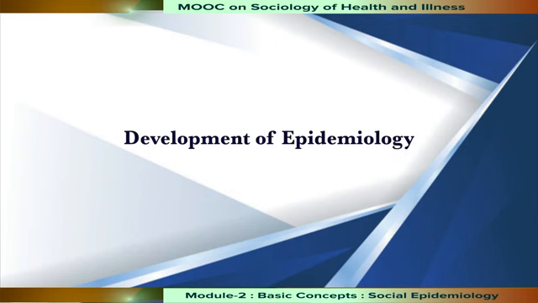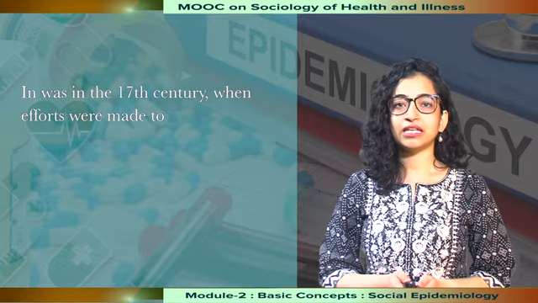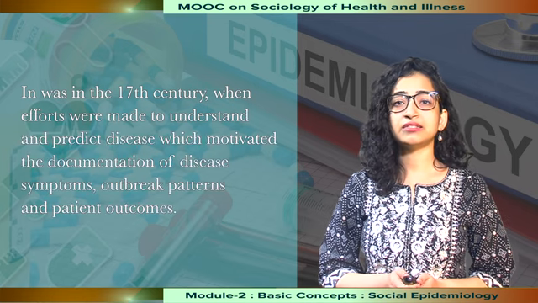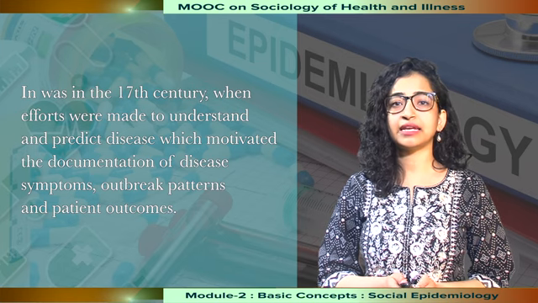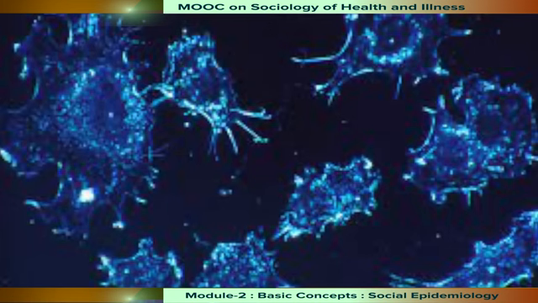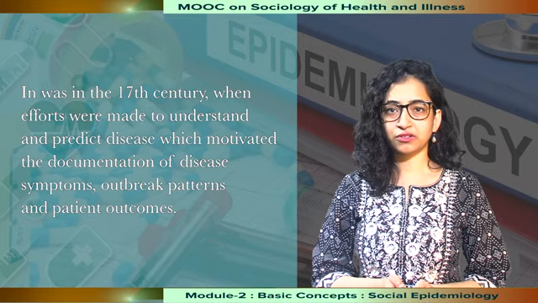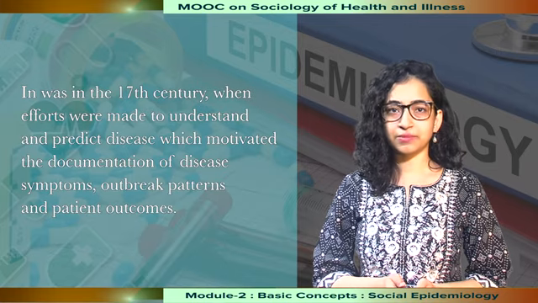Now we will give a brief on the development of epidemiology. It was basically in the 17th century when efforts were made to understand and predict disease, which motivated the documentation of disease symptoms, outbreak patterns, and patient outcomes.